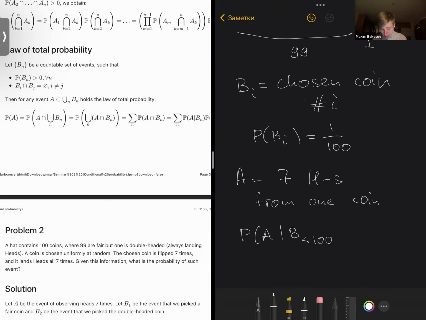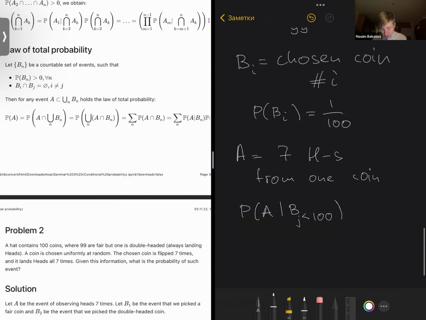Okay, so let's say that the 100th coin was the fake one. Then what is the probability of that? Clearly if we took the last coin that only had heads and heads, it would be just 1.